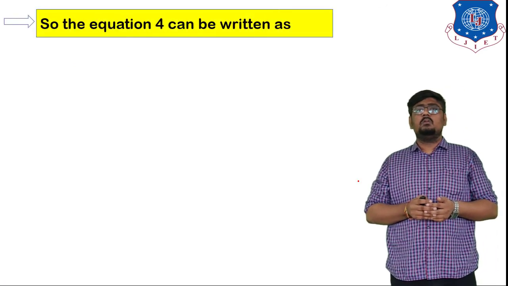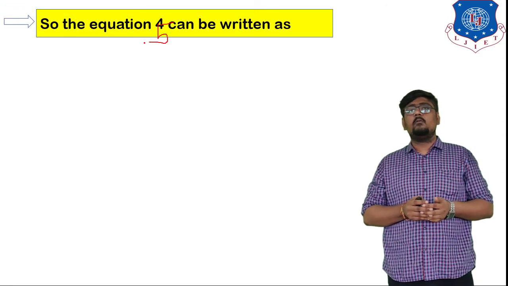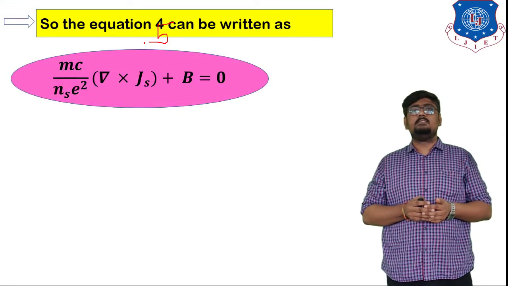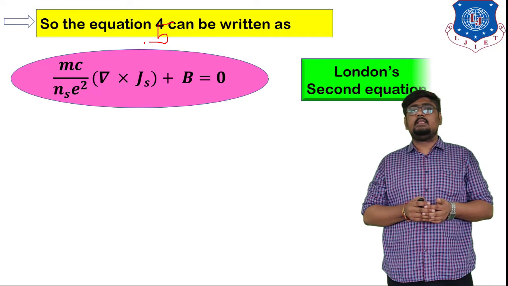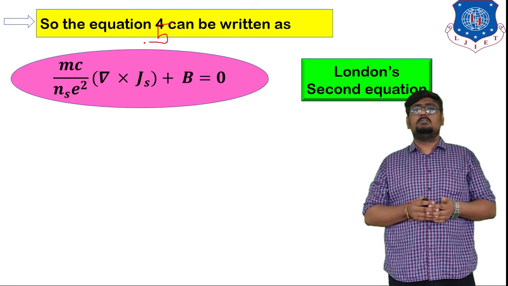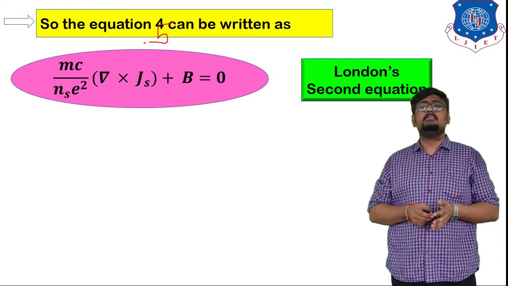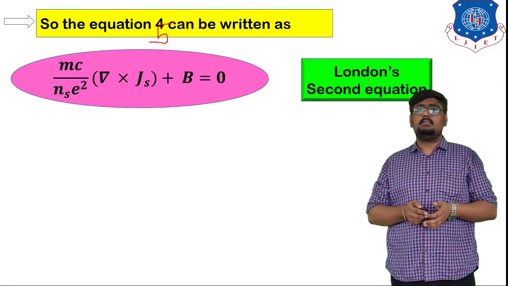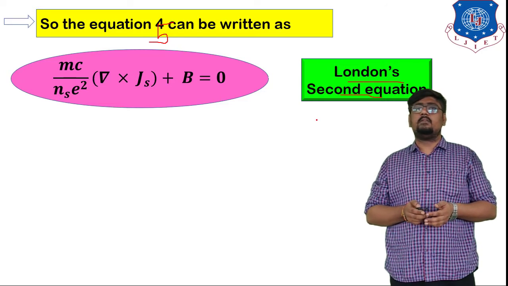So on removing the time derivative from equation 5, we get mc upon Ns e square into curl of Js plus B equals 0. So this is nothing but the second London equation. This is the second London equation.